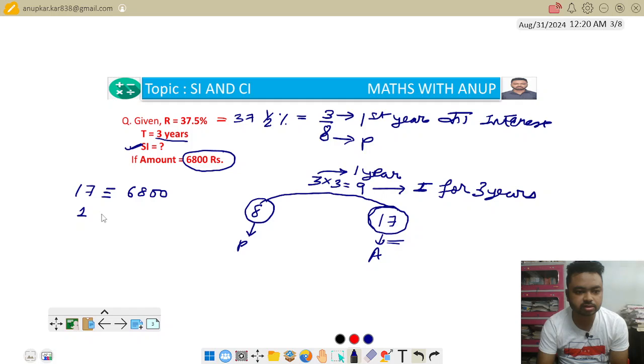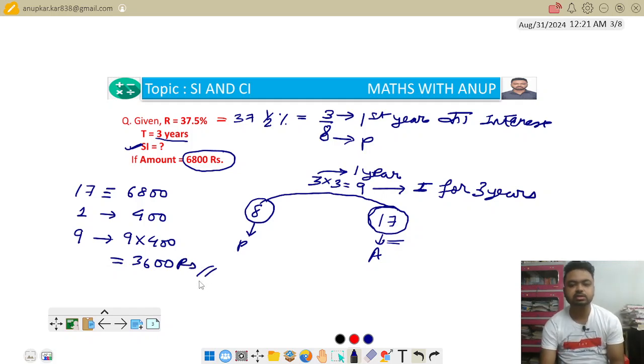So one ratio is equivalent to how much, of course 400. तो फिर हम लोगों को क्या निकालने बोला है, सिंपल इंटरेस्ट. सिंपल इंटरेस्ट फॉर 3 years का रेशियो क्या है, 9. सो 9 रेशियो विल बी इक्विवेलेंट टू 9 into 400, that is equivalent to 3,600 rupees, which is my required answer.